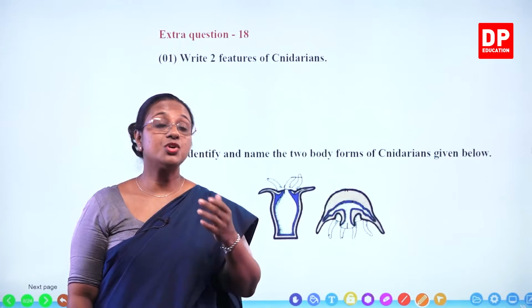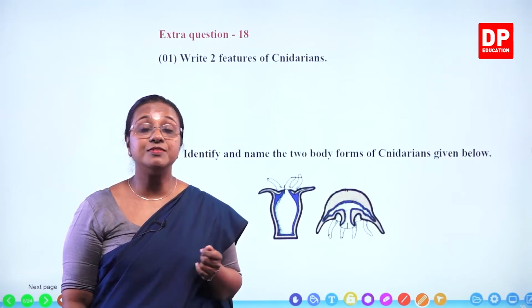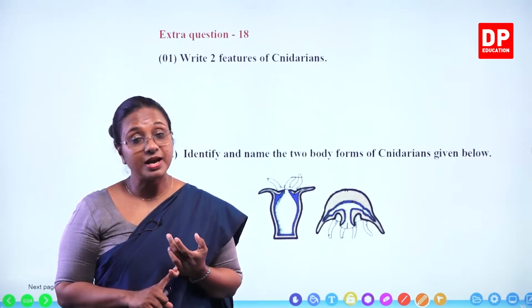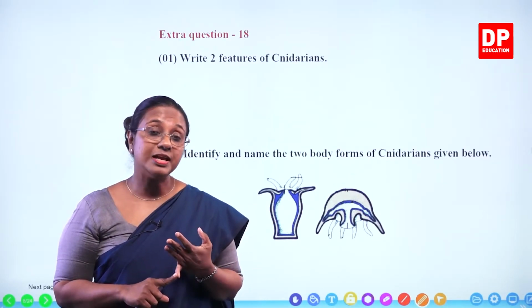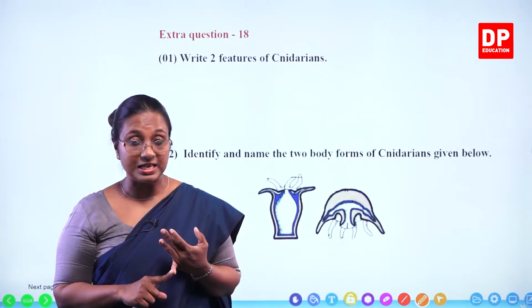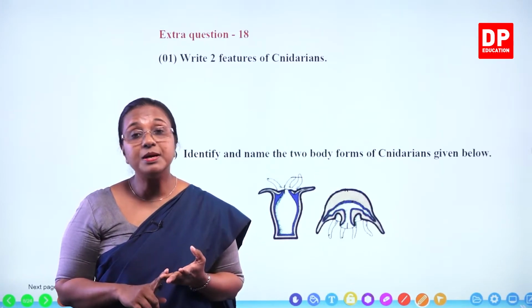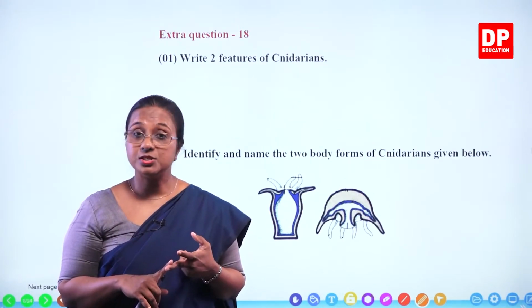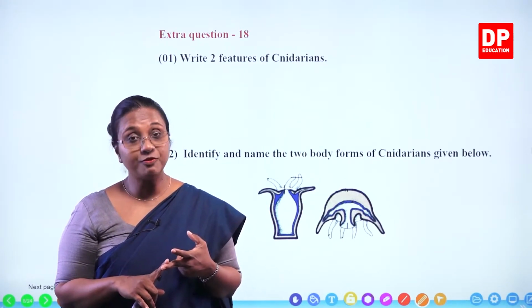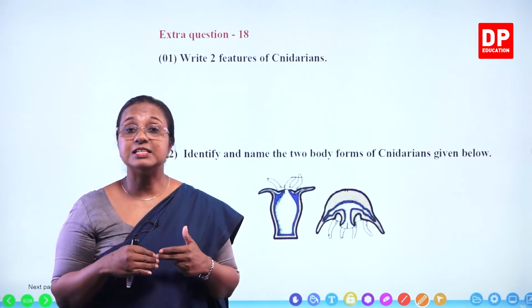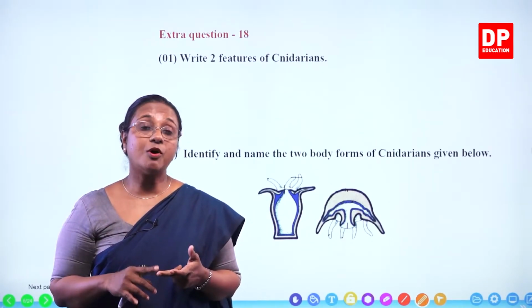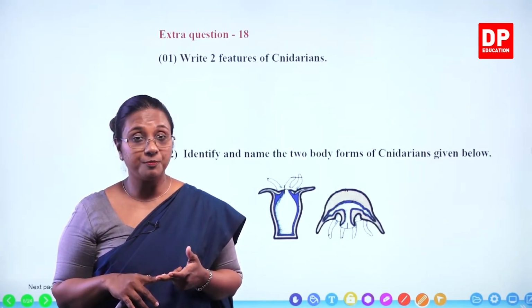Nidarians, or coelenterates. What are the features of coelenterates? They are diploblastic organisms. Why? Because their body is made up of only two germinal layers. Then they are all marine organisms. They have two body forms. One is polyp, the sedentary form, attached to the surface or a substrate, and the medusa form, the free-floating form.